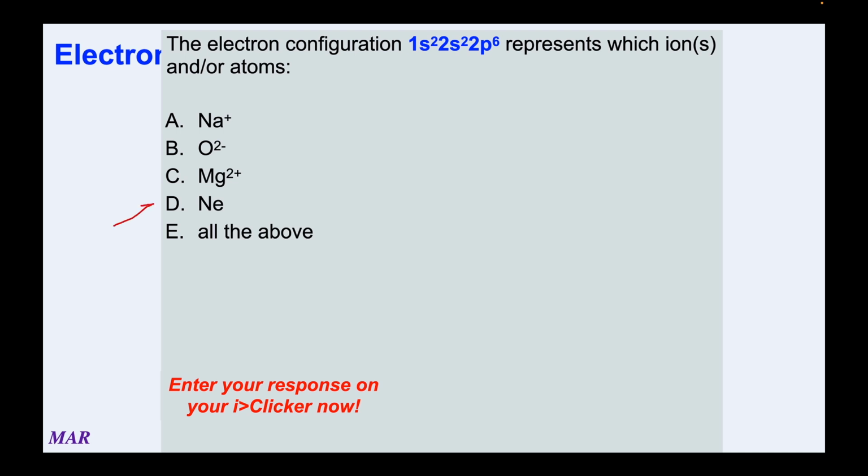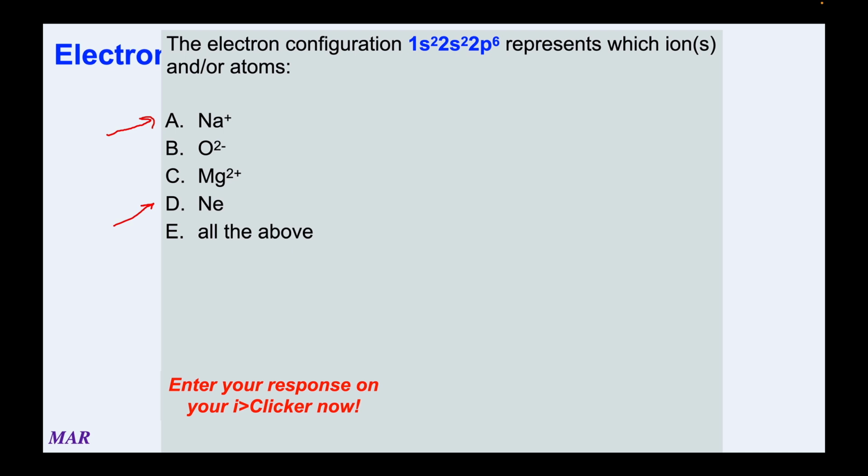1s2 2s2 2p6, definitely. However, sodium has a total of 11 electrons. And if you take away one of the electrons to make it positive 1, 11 minus 1 is going to give it 10 electrons. And 10 electrons is 1s2 2s2 2p6. Sodium plus 1 is also going to be this configuration. Same thing with magnesium.